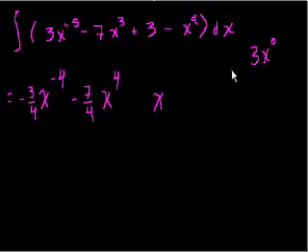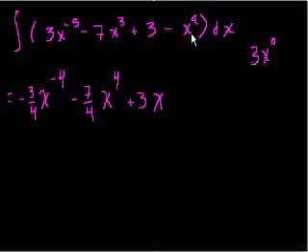We multiply the old coefficient, this 3, times 1 over the new exponent. The exponent is 1, so the inverse of 1 is 1, so it just stays 3. We multiplied 3 times 1 over 1, which is still just 3.